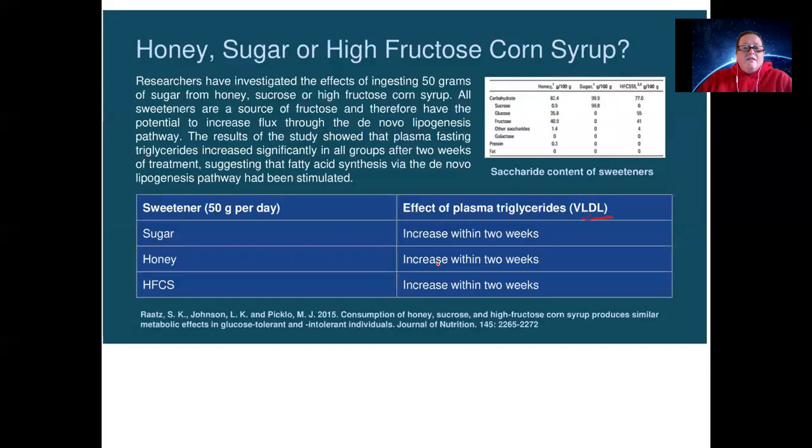And honey, the increase was within 2 weeks, and the high fructose corn syrup was also increased within 2 weeks.